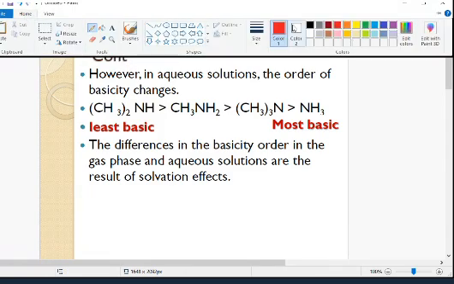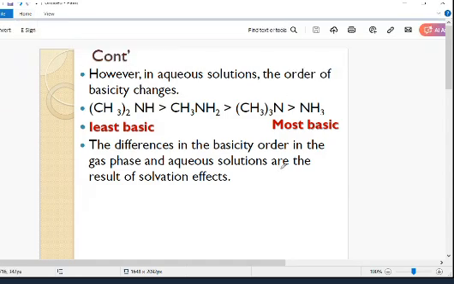And the reason is, of course, you know that ammonia is actually polar, highly soluble. So what happens is it attracts water.